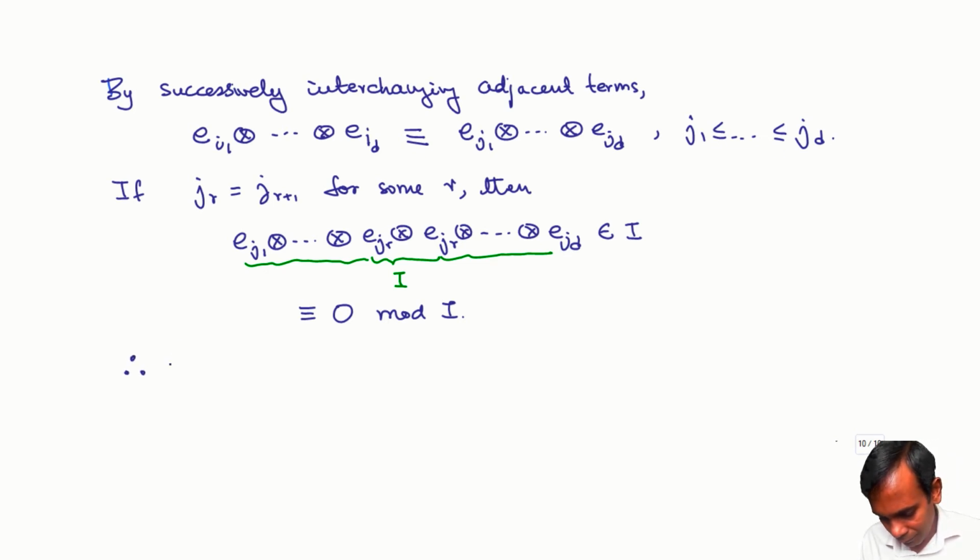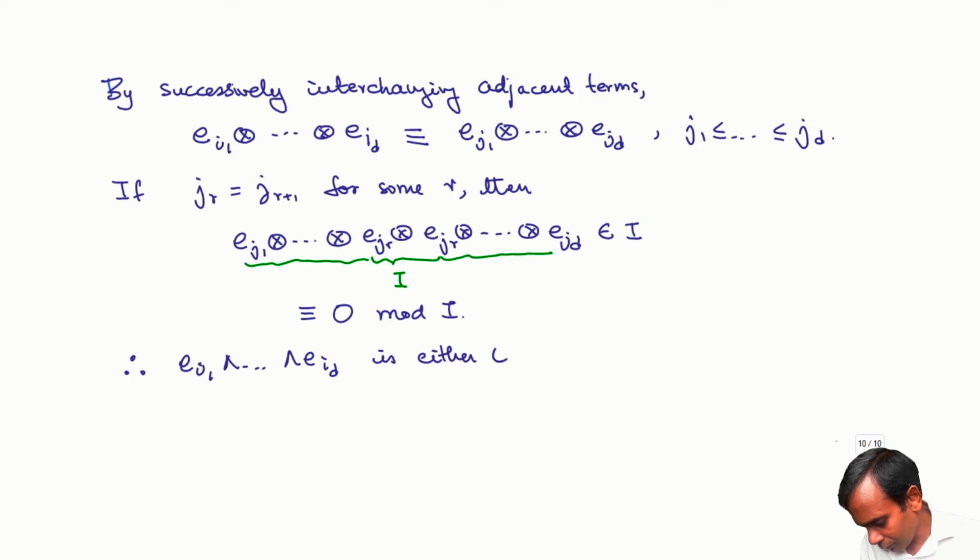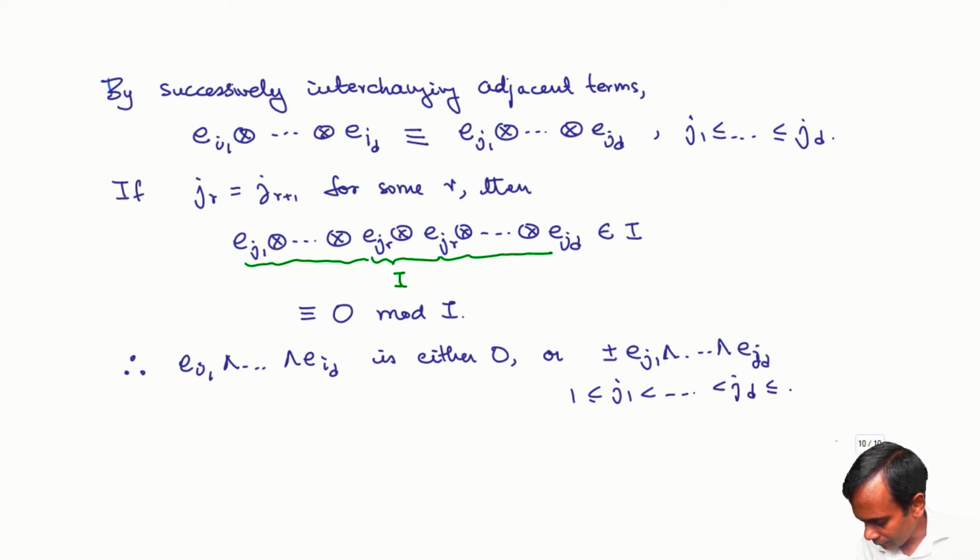Therefore, the images, therefore E_I1 wedge E_ID is either 0 or plus or minus E_J1 wedge E_JD, where J1 is strictly less than JD.